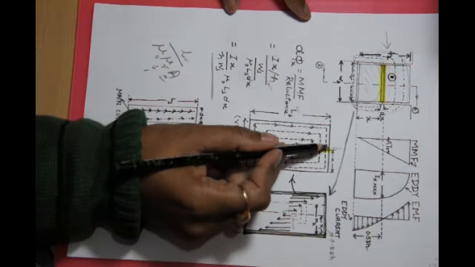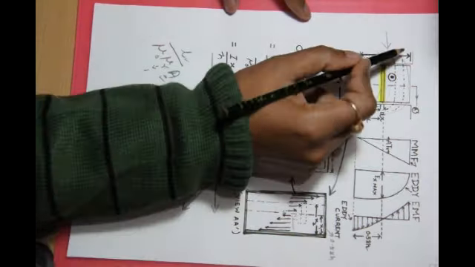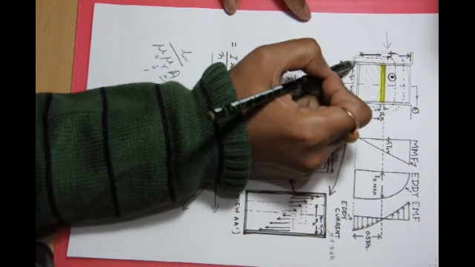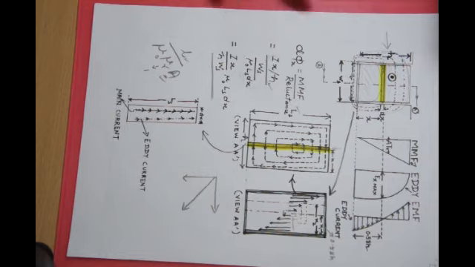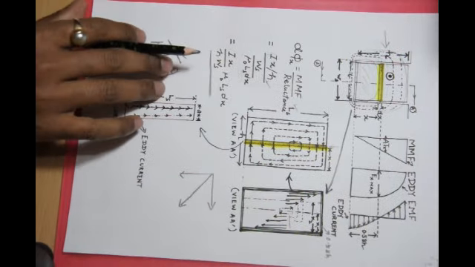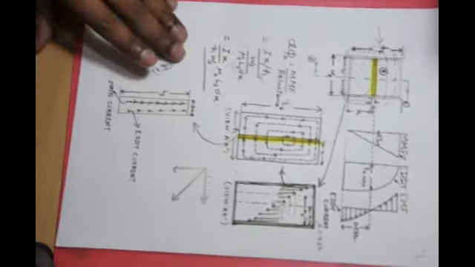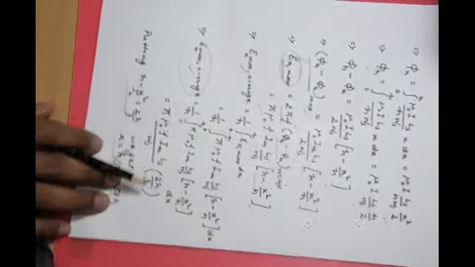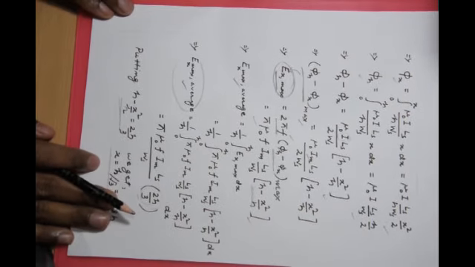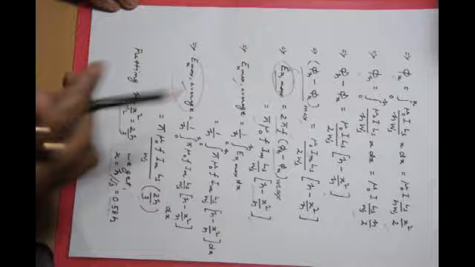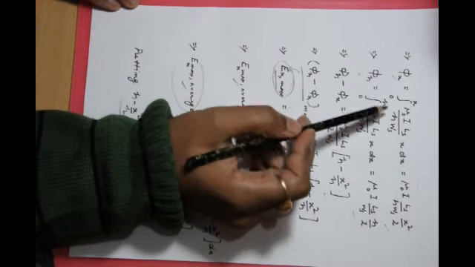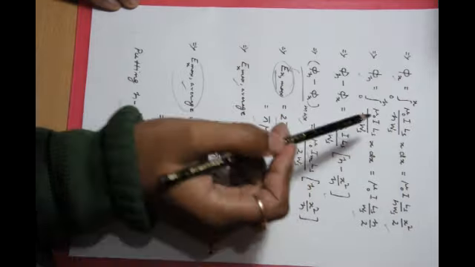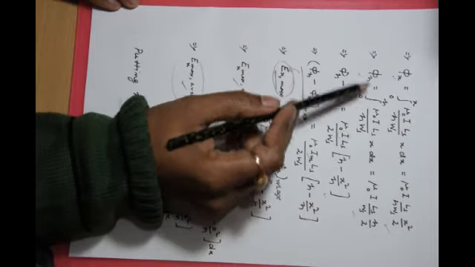So what is the flux linked by this element? Total flux from this point to this point minus this point to this point. We have first calculated phi x, then phi h, by simply integrating d phi x from 0 to x, and phi h from 0 to h.